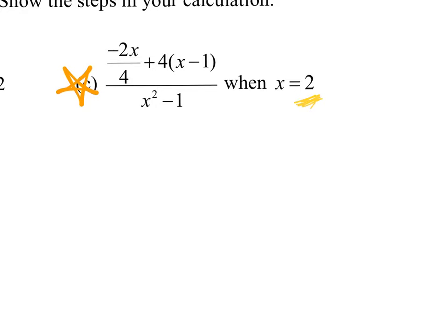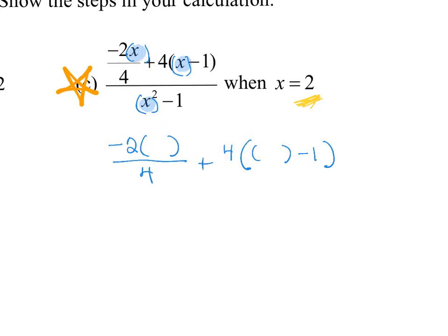Let's start with every time I see an x, I am going to replace that x with a pair of parentheses before I substitute my 2 in. So -2 in parentheses over 4 plus 4 times parentheses minus 1 parentheses all over parentheses squared minus 1.